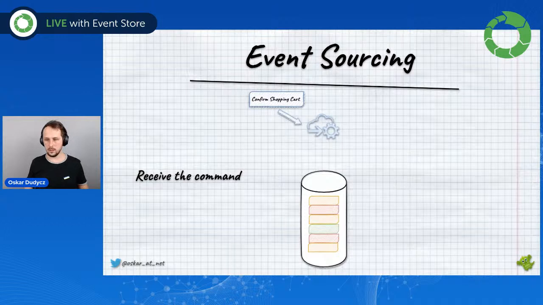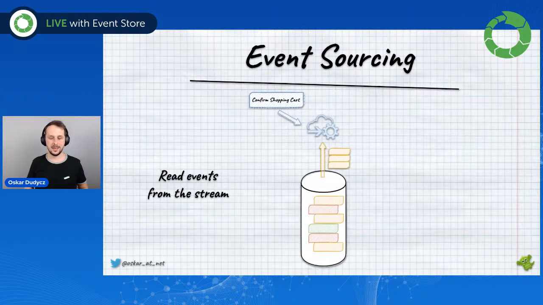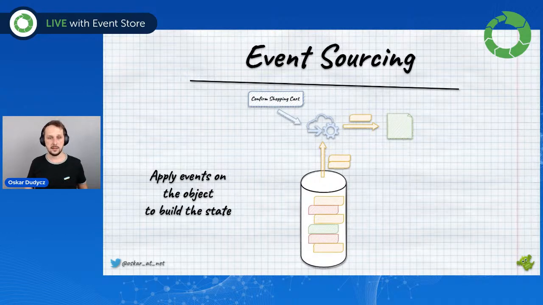So how is event sourcing working, in fact? When we are getting a request or command into our application or our API, the first thing that we are doing is retrieving all of the events that were recorded for the specific entity. So for example, all events that happened for the specific shopping cart. After that, we are applying these events.